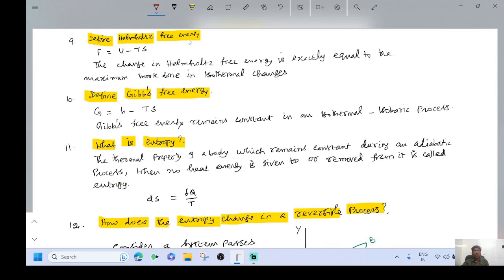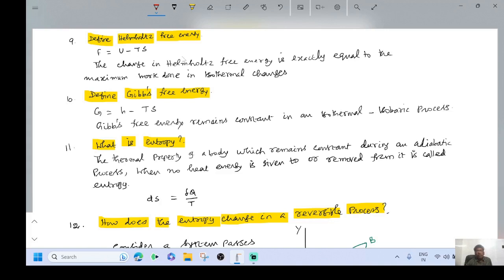Define Helmholtz free energy. Helmholtz free energy and Gibbs free energy are available forms of energies. Helmholtz free energy, F is equal to U minus TS. Here U is the internal energy. The product of temperature and entropy is a form of unavailable energy, the energy which cannot be converted into mechanical work.